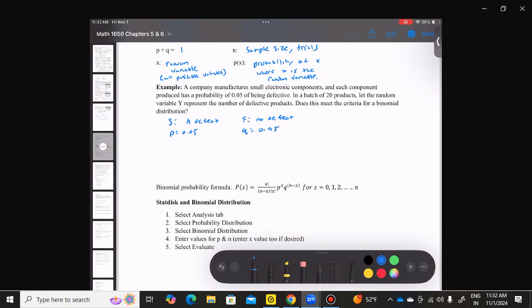Okay, so there are two possible choices. We just listed them. We have a constant probability of success based on the fact we know P. Then we are looking at a batch of 20 products, so n equals 20. So this is fixed trials. And then we're going to assume each product is independent.